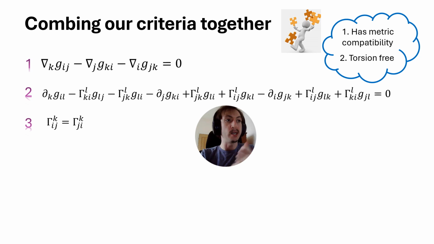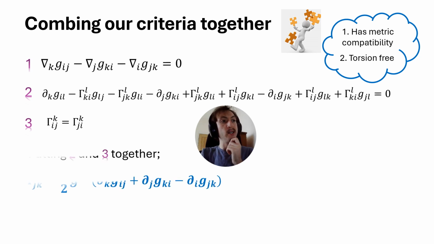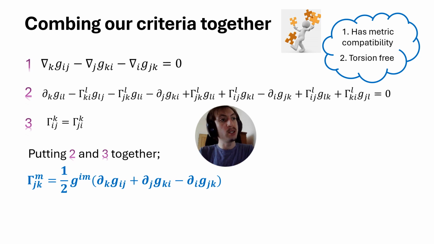So if we use the idea that the connection coefficients are torsion-free, or symmetric under the bottom 2 indices, and we also use the idea that our metric, if we express it as a matrix, is diagonalized and symmetric, then we can simplify 2 drastically, and we end up with a single, still abstract and complicated looking, but definitely a lot nicer than number 2, equation.